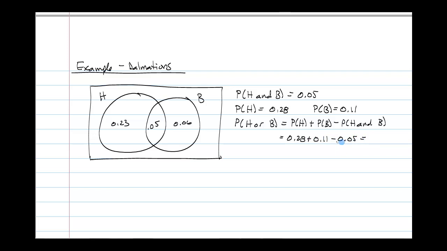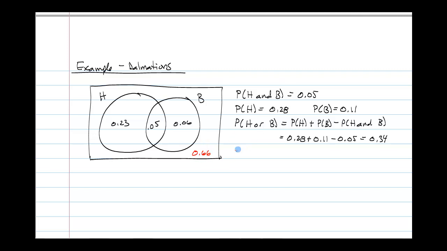So if we add all of these up, we get 0.34. Now this OR would be if I shaded in all of the circles, nothing on the outside. Now when I want to find out what's going on outside of these circles, I can take 1 minus the probability of H or B and I'd get 0.66 out here.